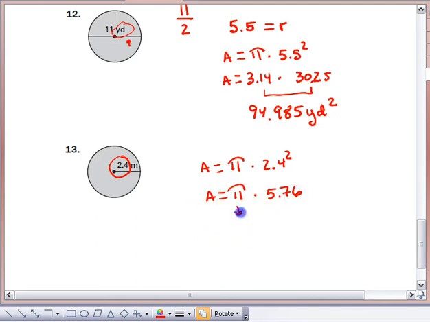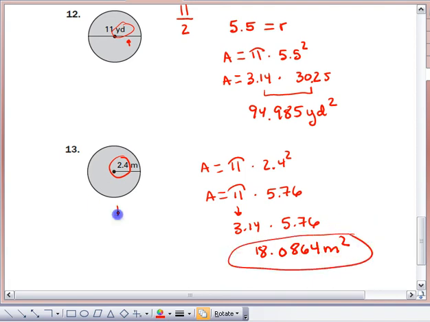Let's turn this into 3.14 times 5.76. And I get 18.864 meters squared, because it was in meters. That would be the area of this circle.